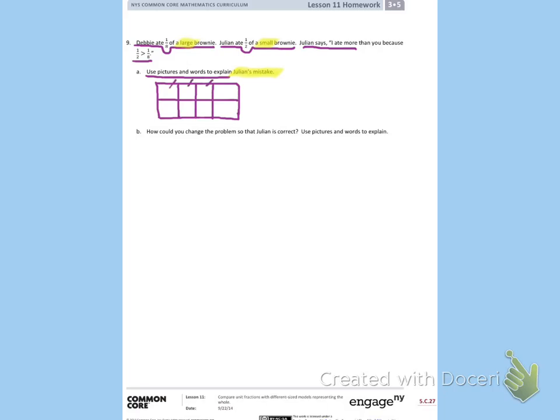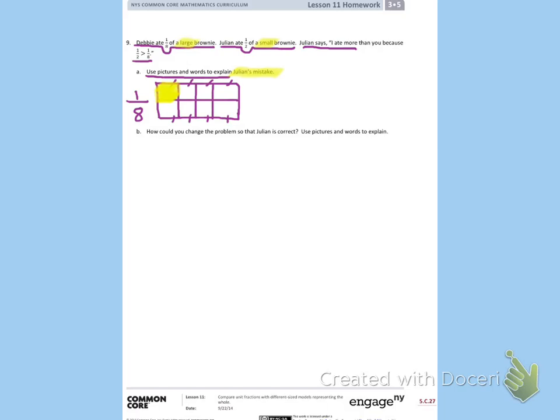One, two, three, 4, 5, 6, 7, 8. There are 8 pieces there. She ate one of them because that's 1 out of 8. So I'll shade that one piece here and show it as a fraction, 1 out of 8 or 1/8.